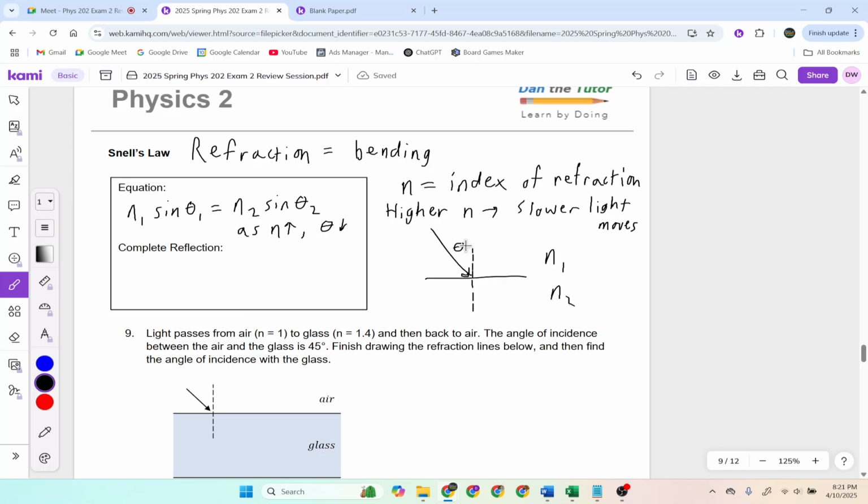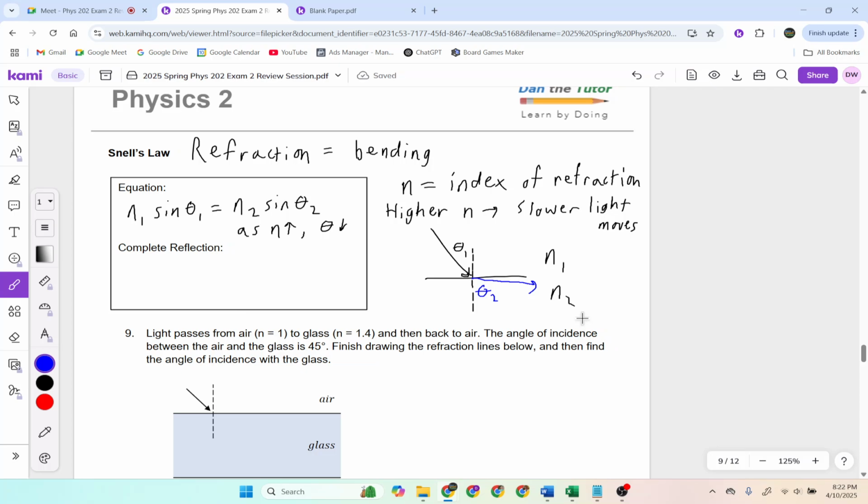And here's theta 1. And then let's say I draw a line, and the line on the other side of this index, whether it's glass or water or whatever, let's say the refracted line looks like that, and now here's theta 2.